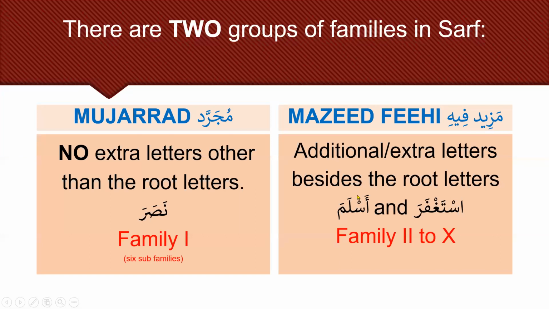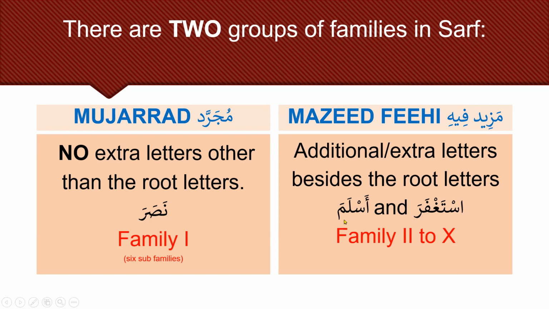Then our next group of families is the Mazid Fihi. Mazid means extra, and Fihi means in it, so extra in it. That means we have additional or extra letters beside the root letters. In families 2 to 10, we will see that there are lots and lots of extra letters.